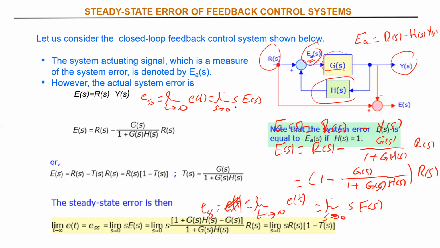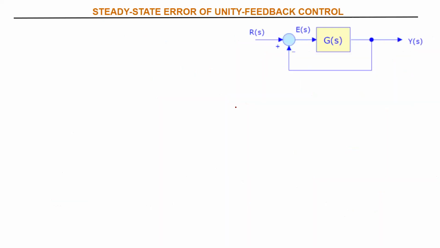Okay, thank you. Now, suppose this is my system, a unity feedback system, and I would like to obtain the error. The error in this case equals the direct transmission, which is 1 over 1 plus G of s.